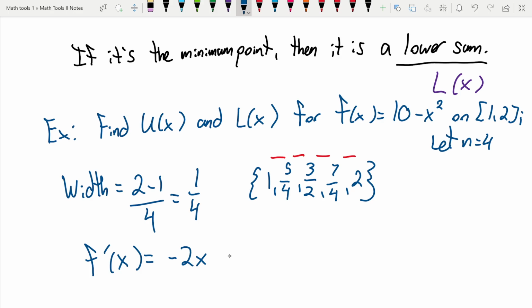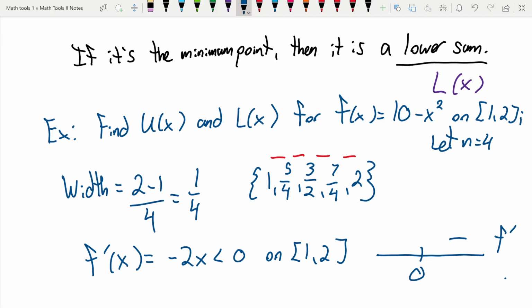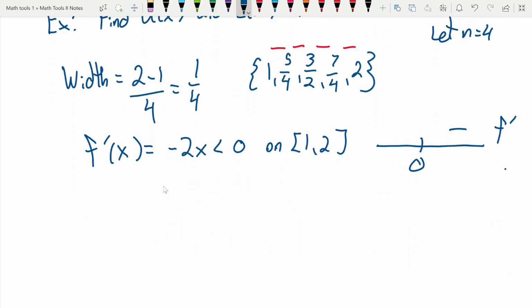So on [1, 2], this is going to be greater than 0. Or I'm sorry, less than 0, the opposite, right? Because if you plug in 1, you get negative 2. If you plug in 2, you get negative 4. If you really want to do it with a sign chart, your 0 is at 0. [1, 2] is in this part of it. So you're just looking at the sign chart over here, which would be negative. So it's a decreasing function on this part.